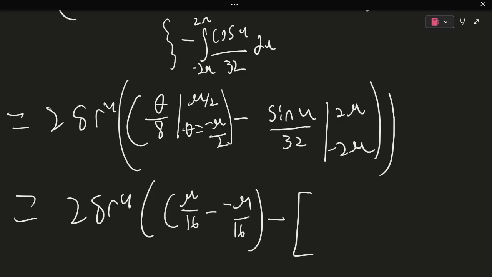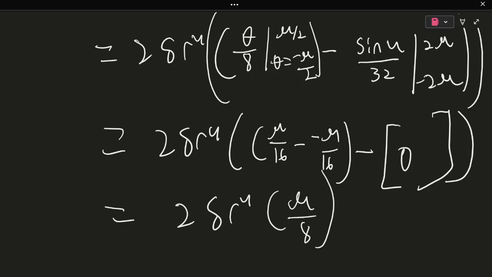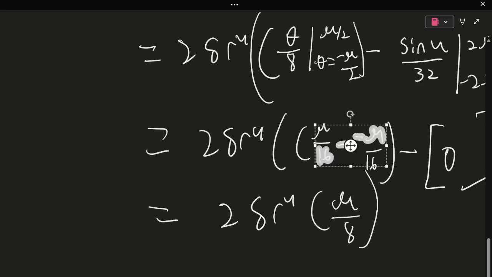But we know that sine of 2 pi is going to be 0. Sine of negative 2 pi is also going to be 0. So that's going to be minus a big 0 because it doesn't matter that it's divided by 32. So this leaves us at the expression 2 times the density of r to the fourth times pi over 8. Alrighty.